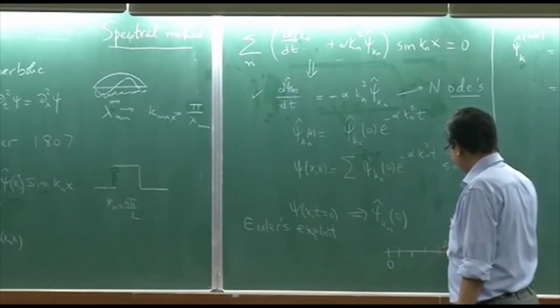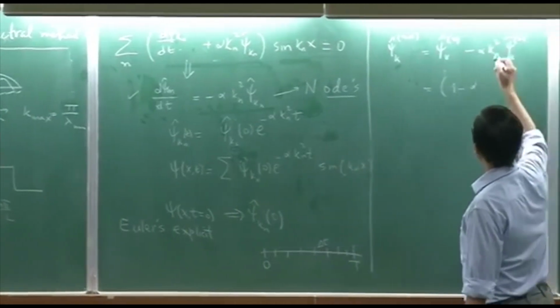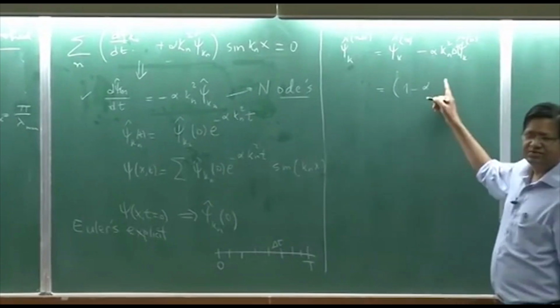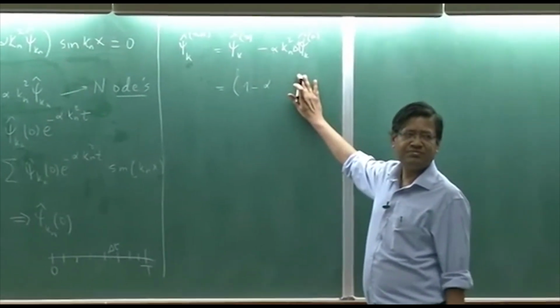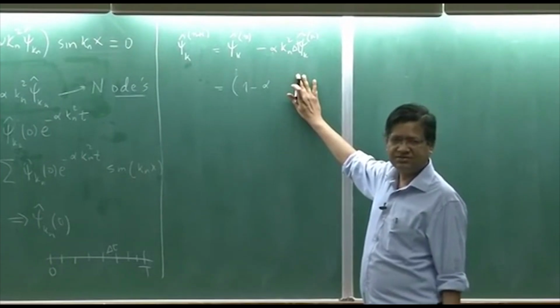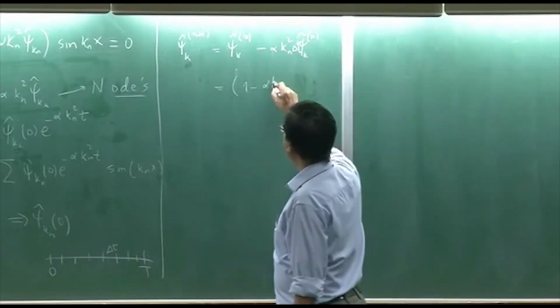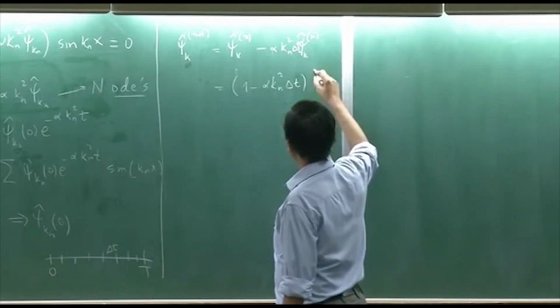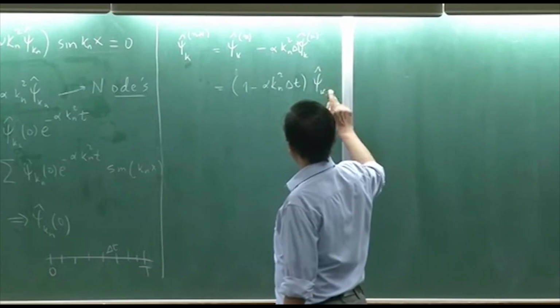So this is delta t, and it must be delta t here, correct? Euler explicit scheme. So this is going to be minus k n square delta t psi hat of k n.